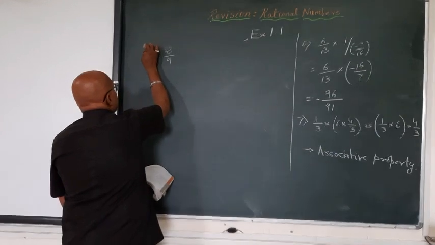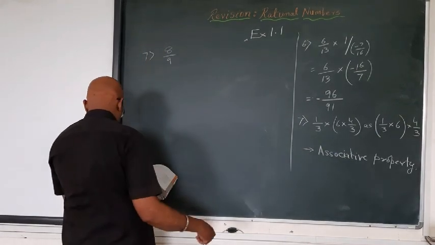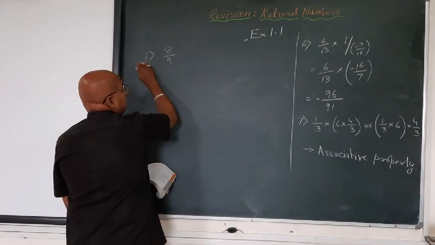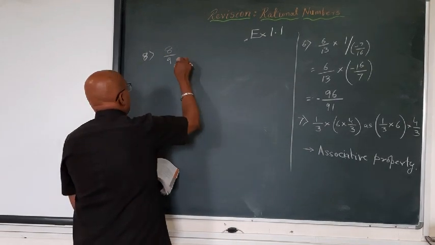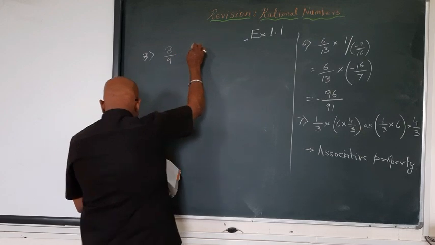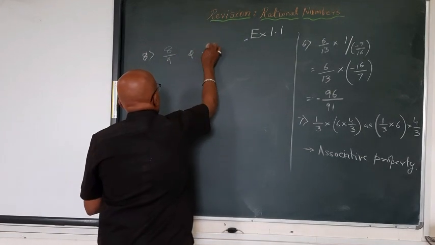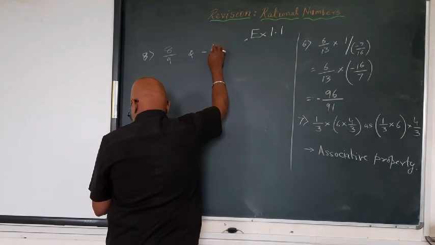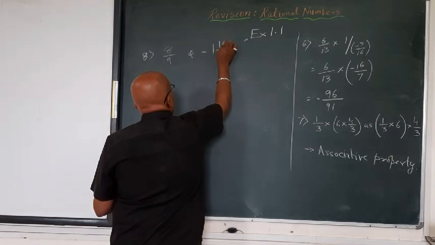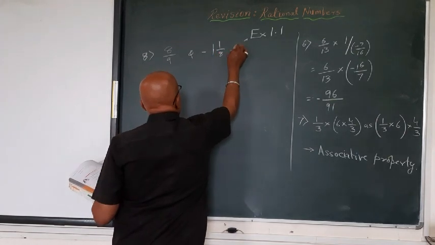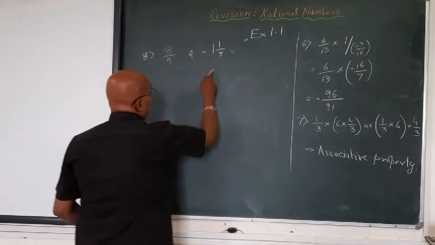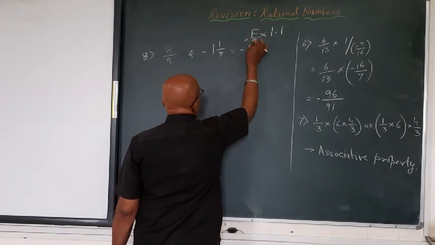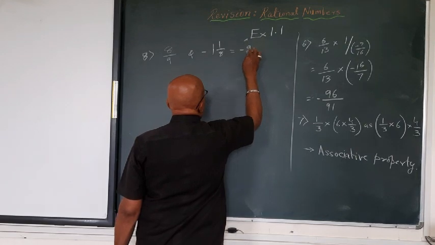Sorry, 8th one it is. 8 by 9 and minus 1 and 1 by 8. Now this can be written as 8 times 1 by 8 plus 1, 9. So it is minus 9 by 8.